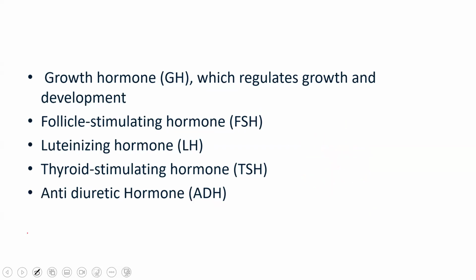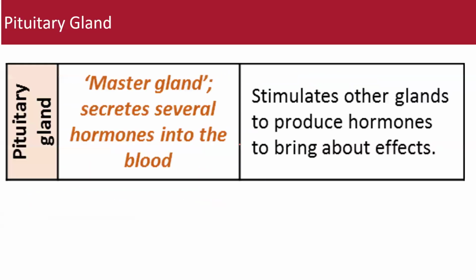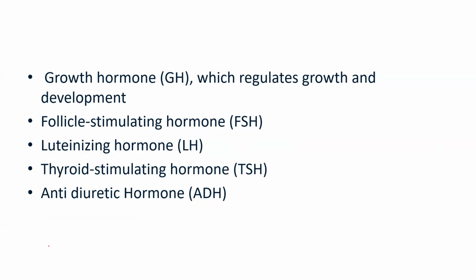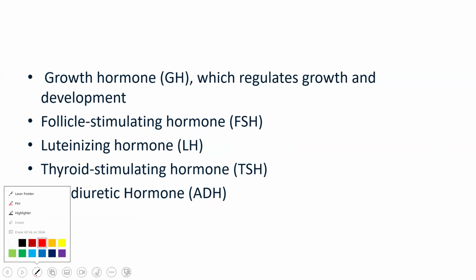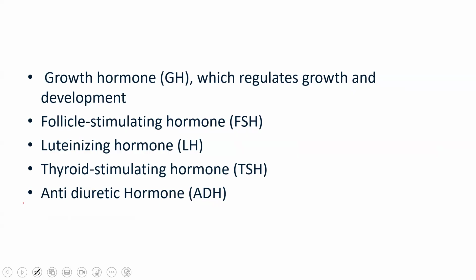Now, the other two. Thyroid stimulating hormone, TSH, is the hormone that stimulates the thyroid gland. So the pituitary gland produces a hormone to stimulate the thyroid gland, and we'll talk about the thyroid gland in a minute. ADH, you only need to be aware of what it does.